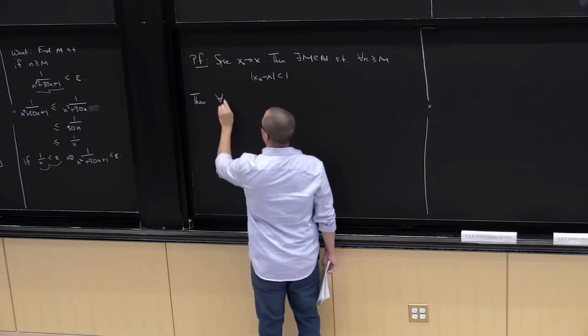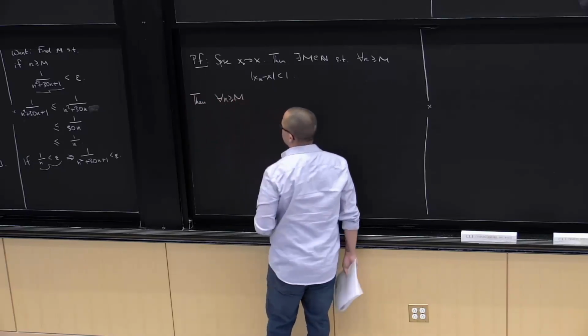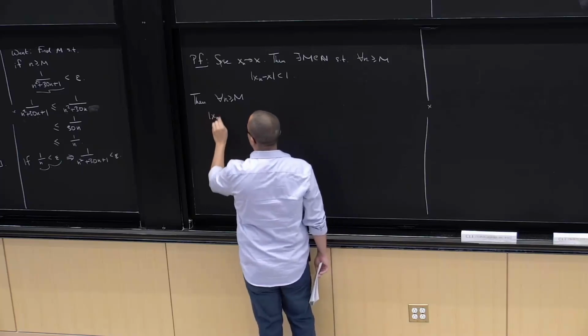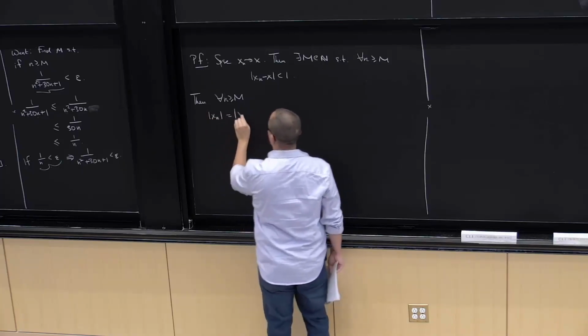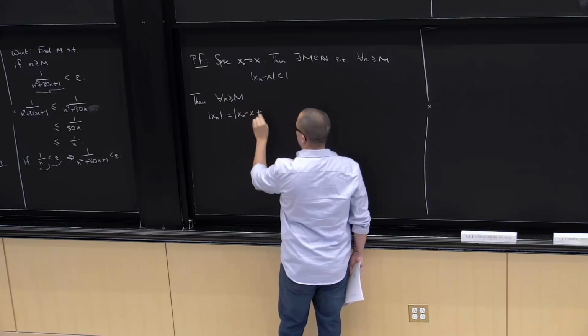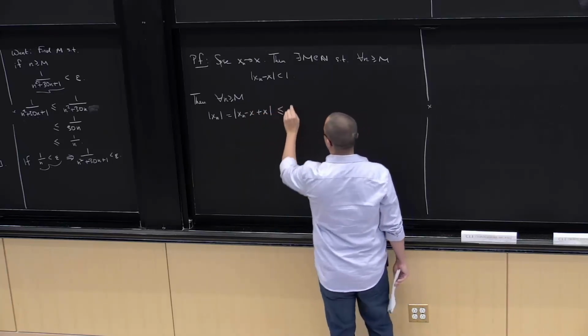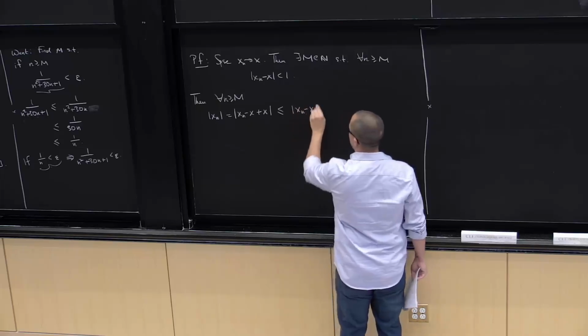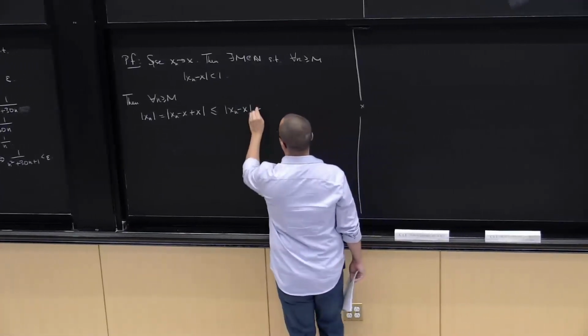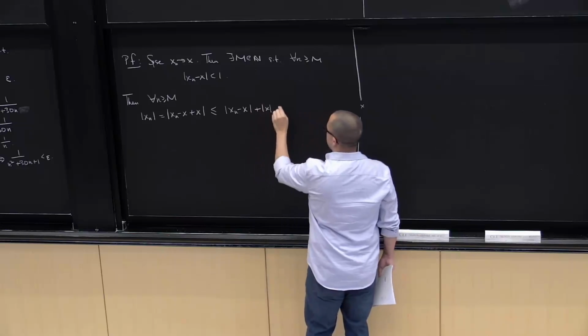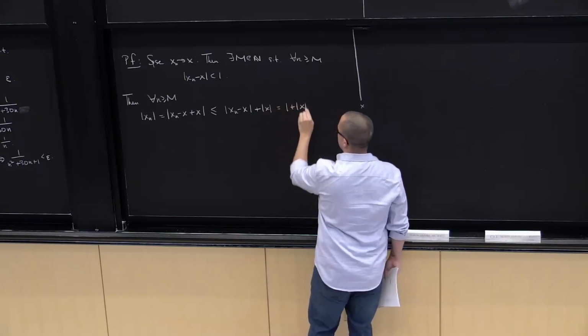Then for all n bigger than or equal to capital M, if we look at the absolute value of x_n, add and subtract x, and now use the triangle inequality, this is less than or equal to the absolute value of x_n minus x plus the absolute value of x, which is less than 1 plus |x|.